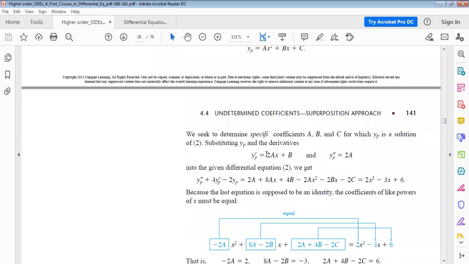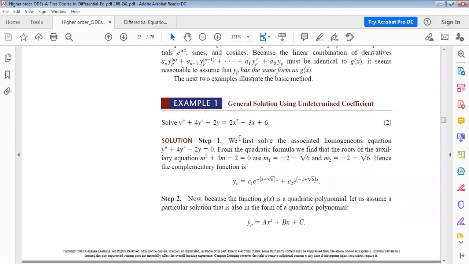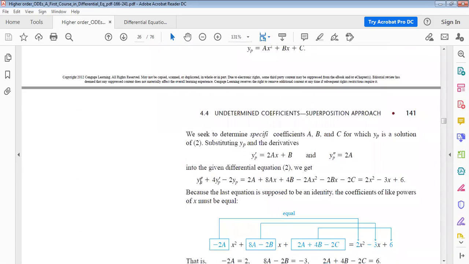Now putting in the given differential equation, equation 2. Now substituting these values in equation 2, we get this one. Replacing y with yp, y dash p. Y double dash p plus 4y dash p minus 2yp equals to what will be?